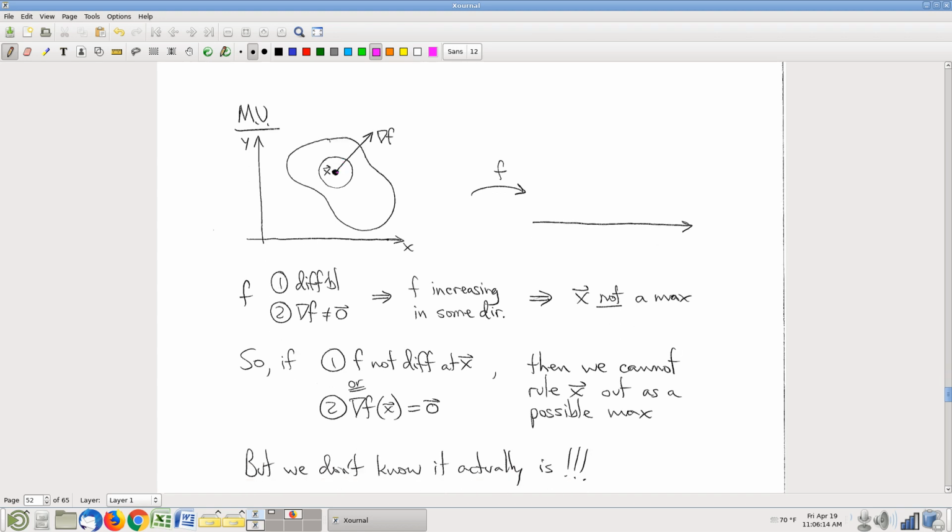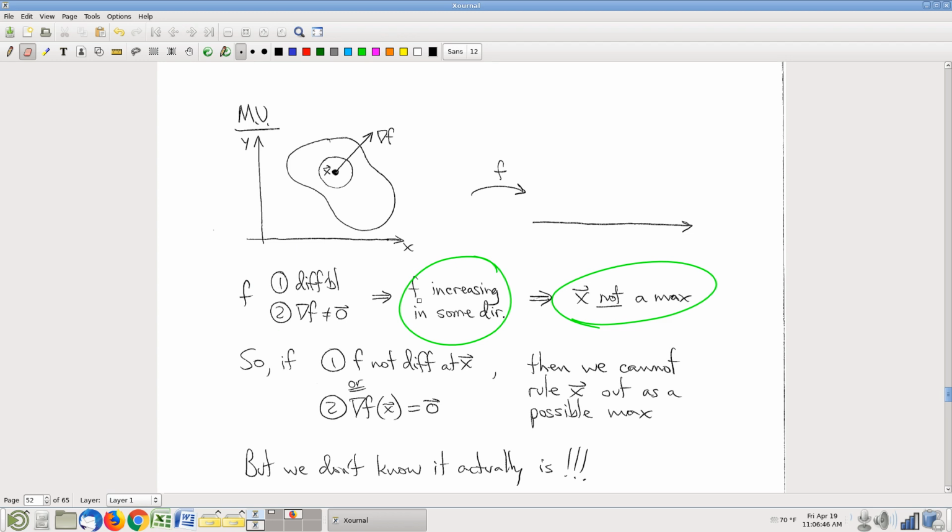If at a certain point the function is differentiable and the gradient is non-zero, then that means the function is actively increasing as you go in the direction of that non-zero gradient. That's what the gradient is. It's telling you what direction the function is increasing and how fast. If it's non-zero, the function is literally increasing, and therefore not a max.